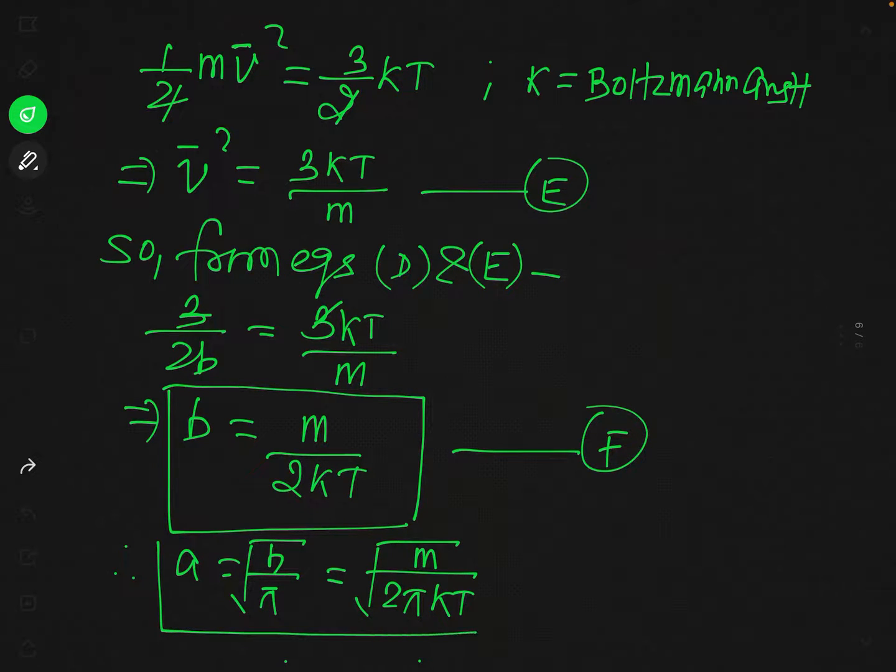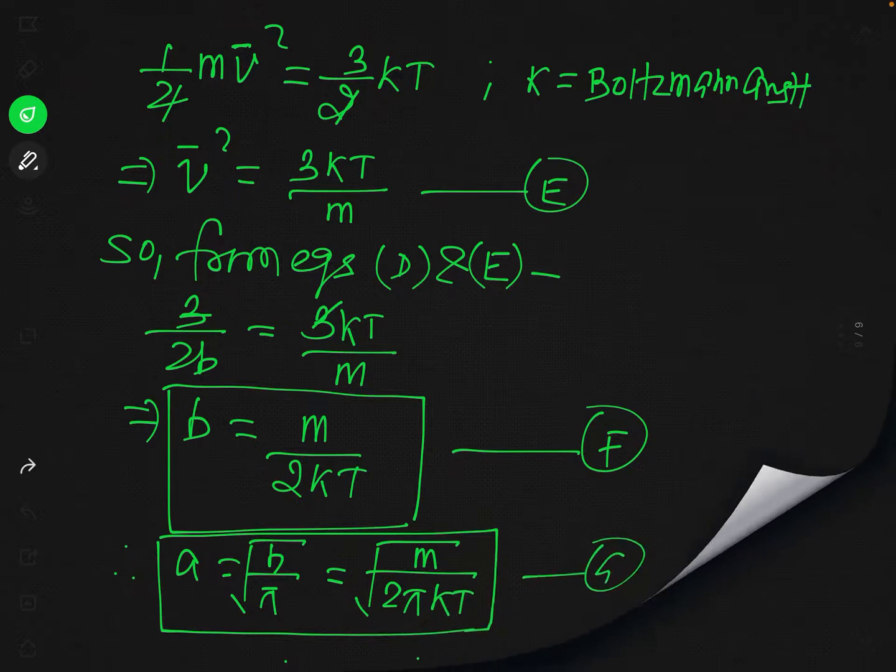So this is actually the value of constant A. So you can see that the values of constants A and B depend on the temperature. I have told you earlier that these are temperature dependent constants, but at a given temperature these will have constant value. So now after getting the values of constants A and B, you can now write the exact form of Maxwell's distribution law for molecular speed.